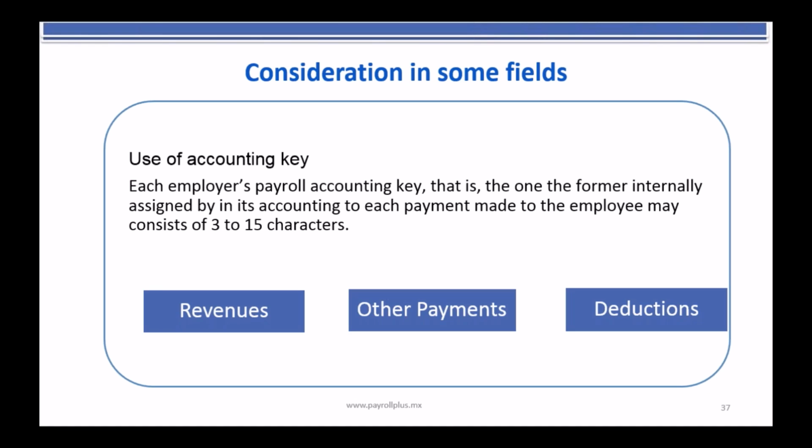It says that each employer will include the internally assigned number in its accounting to each type of payment made to the employees. It should consist of 3 through 15 characters.